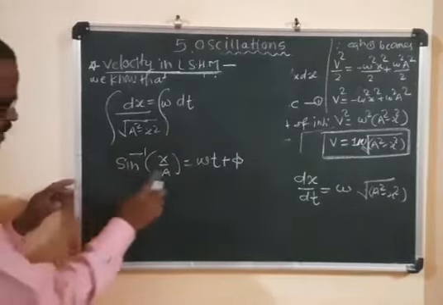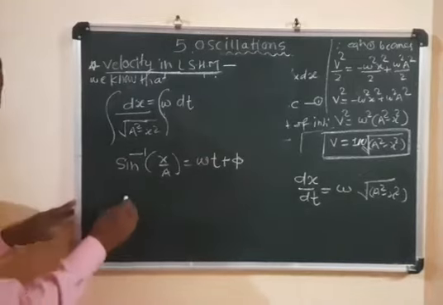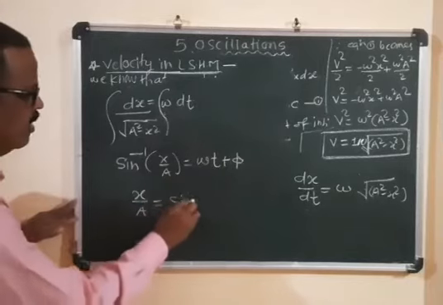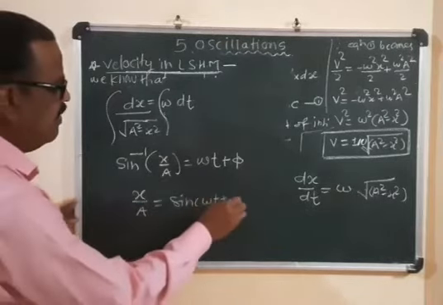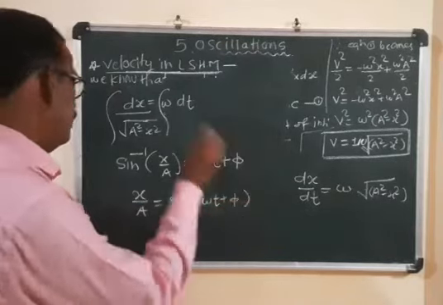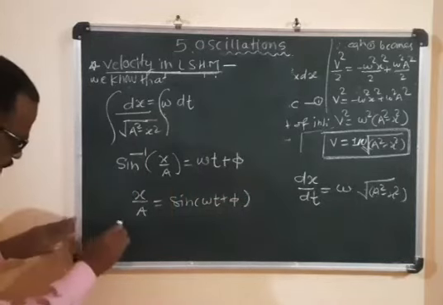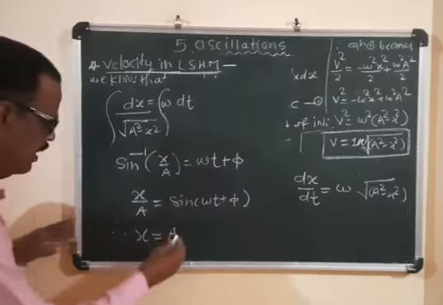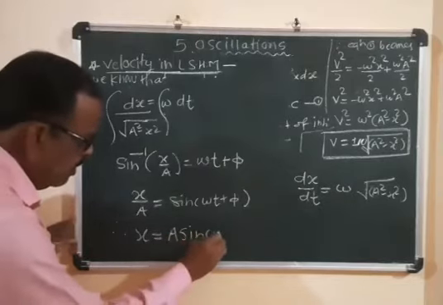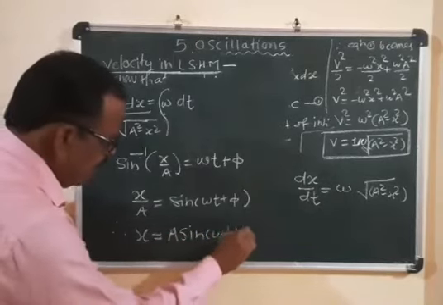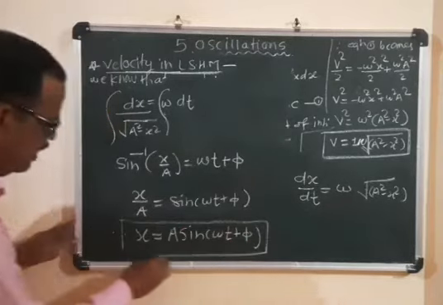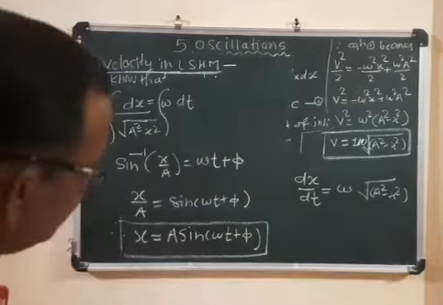Therefore, taking sin inverse to the other side, x divided by a is equal to sin of omega t plus phi. We get this formula. Therefore displacement of particle x is equal to a into sin of omega t plus phi. This is the displacement of particle in linear simple harmonic motion.